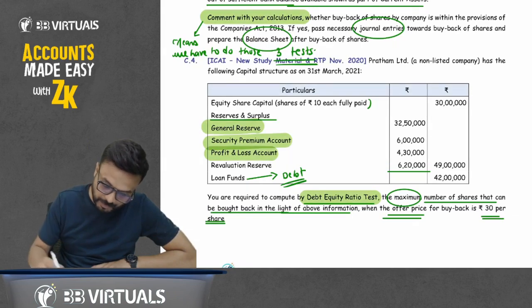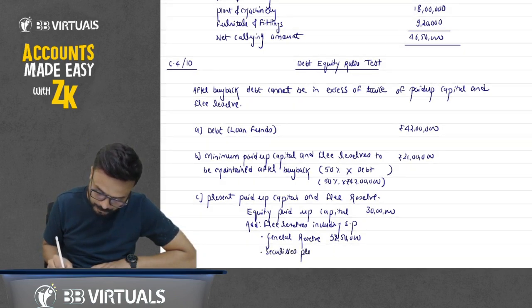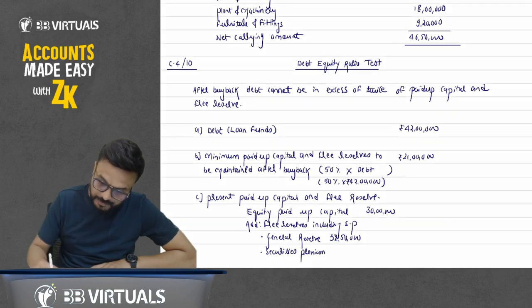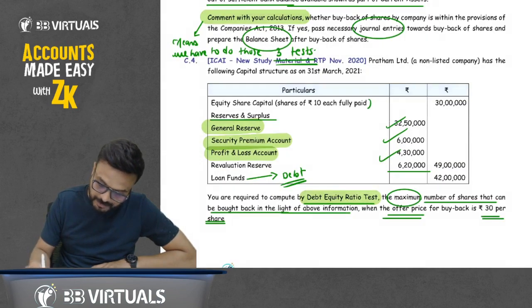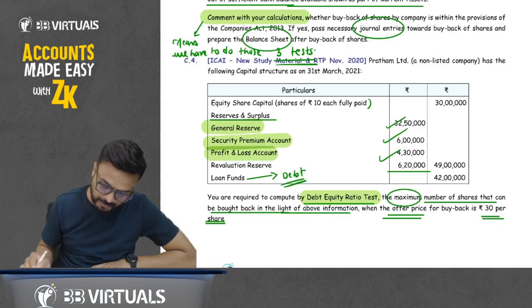Then securities premium 6 lakh, and profit and loss 4 lakh 30.